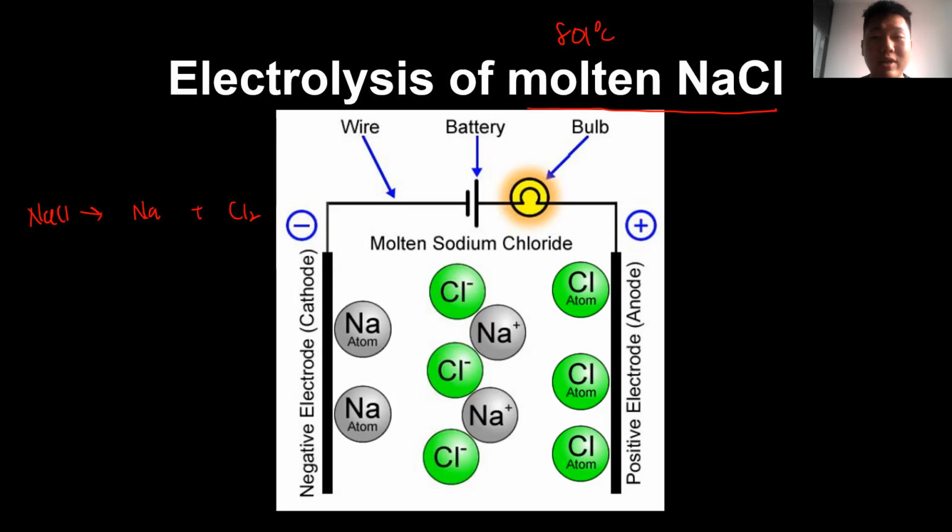But in the process of electrolysis, because of the very high heat, it will become molten as well. So we have to look at the context of the exam question. If the question is asking what will happen to the sodium when it's cooled to room temperature, the sodium will be in the solid state, but during the electrolysis, where there's high heat because of the molten sodium chloride, it will be in the liquid, molten state.